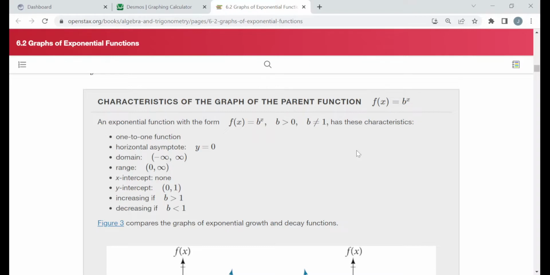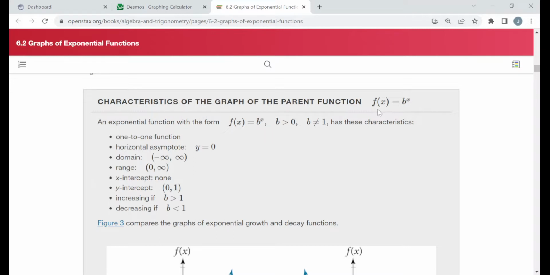I've done videos on function transformations from chapter 3. So I'll read over this little box here with you, and then I'll just do a couple examples and be done.